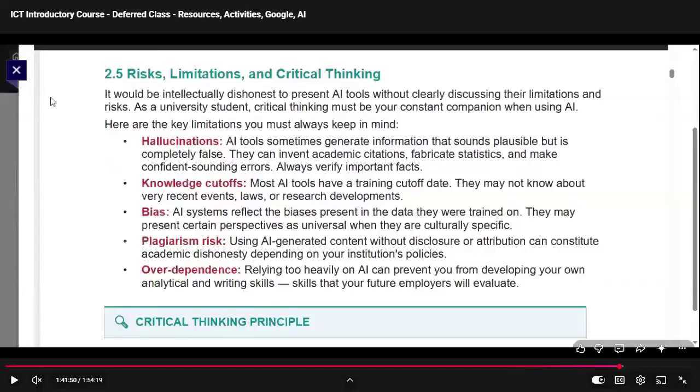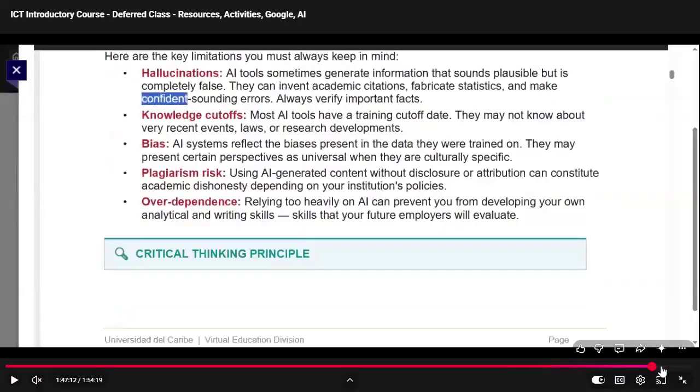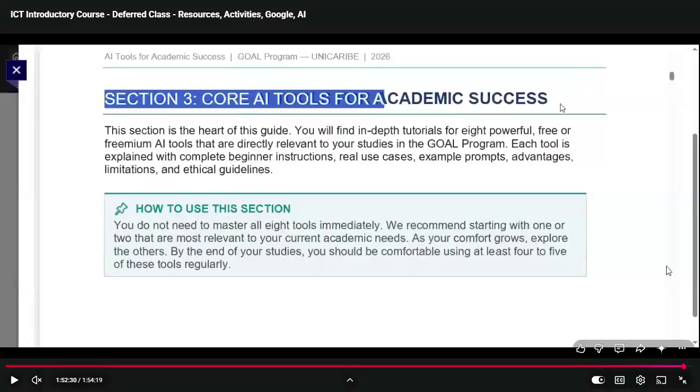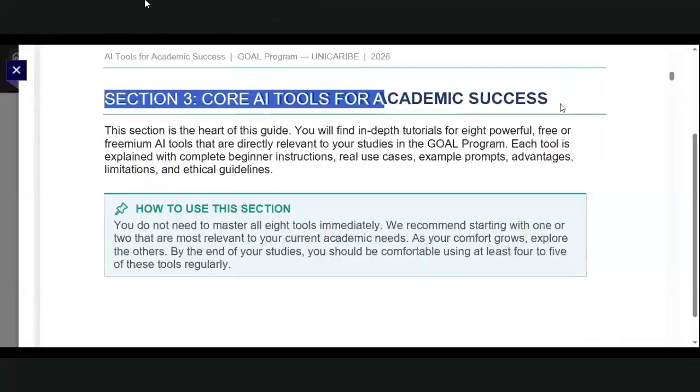What else? You have over there all the information that you can explore and analyze. And let's talk about the core AI tools for academic success. Okay, which ones are those?